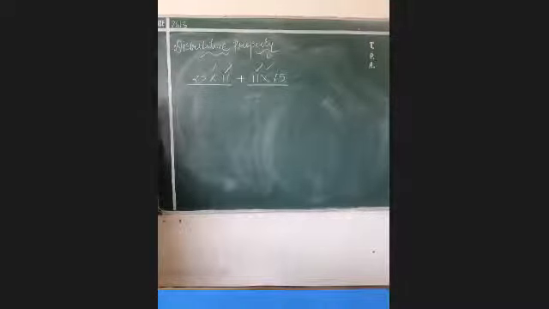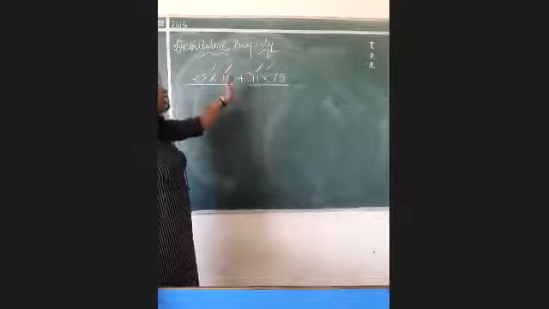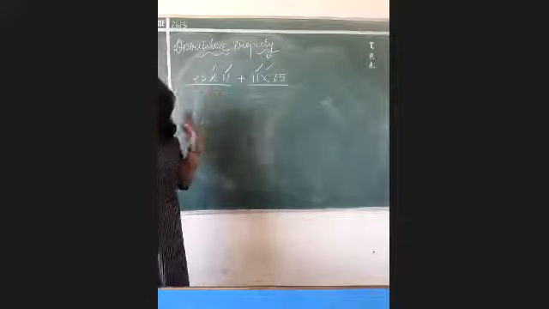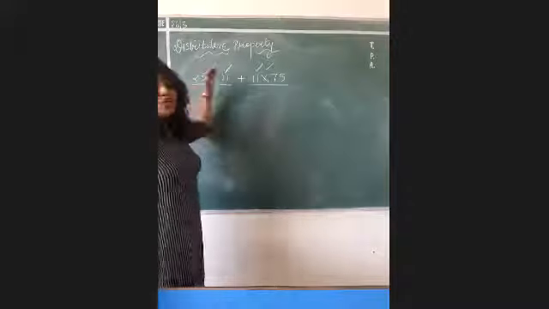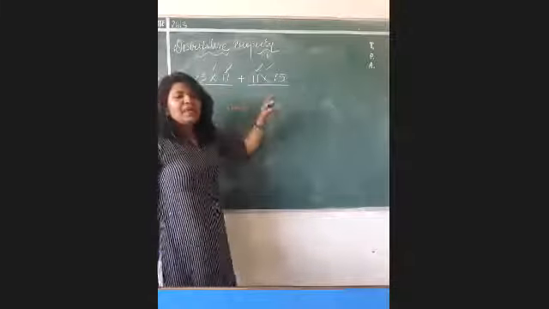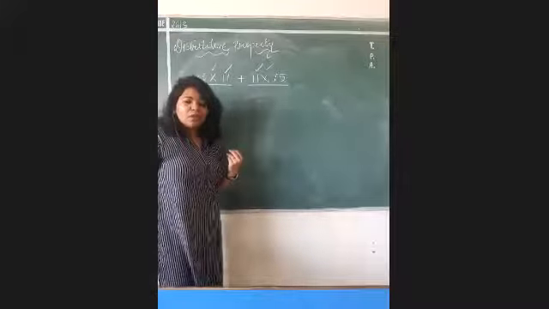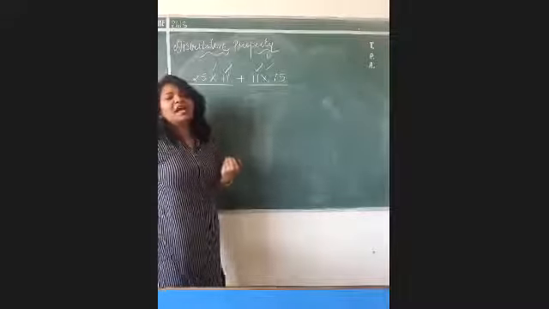Okay. So remember, the distributive property says that if you have something common which is written in this term and also in that term, you can take that particular thing out as common, and you can take it outside.